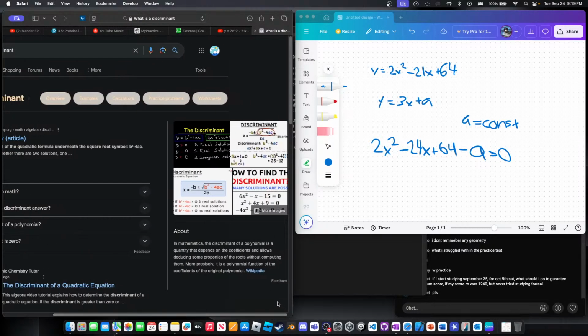In mathematics, the discriminant of a polynomial is a quantity that depends on the coefficients that allow deducing some properties of the roots without computing them. More precisely, it is a polynomial function of the coefficients of the original polynomial.